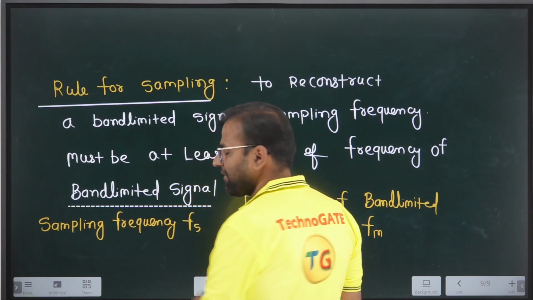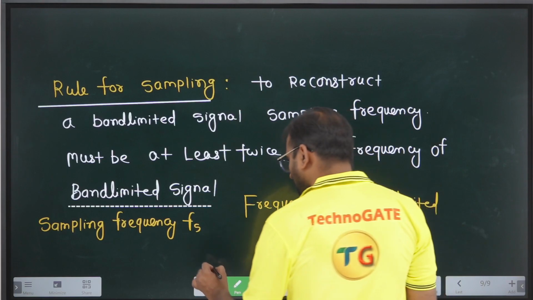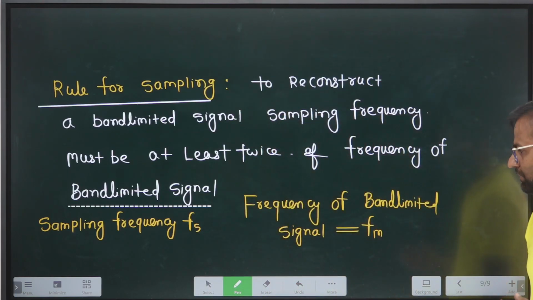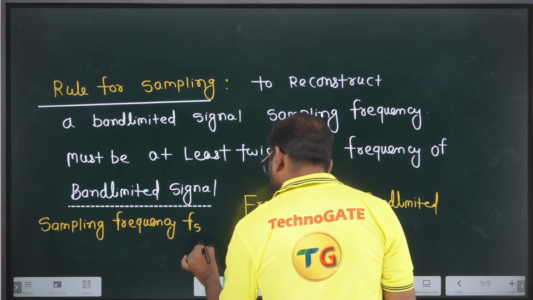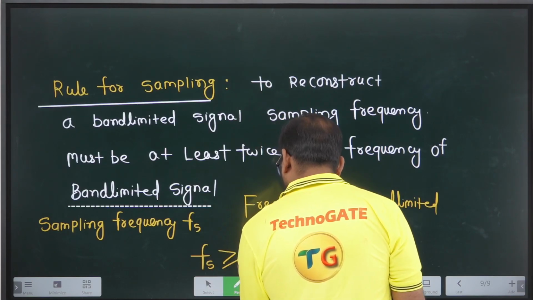Then the relationship says that for reconstruction, Fs should be greater than or equal to twice Fm.